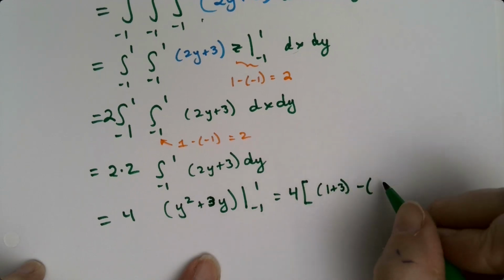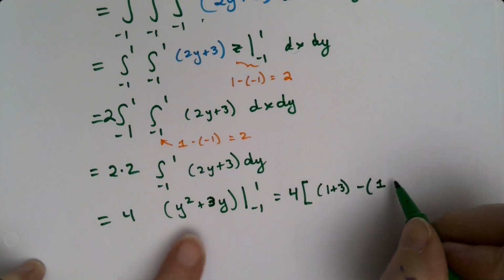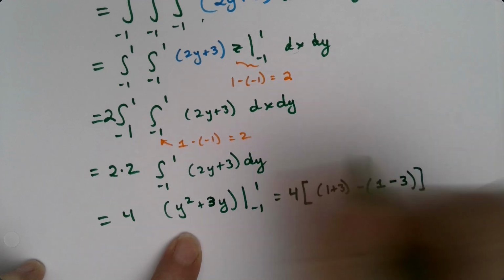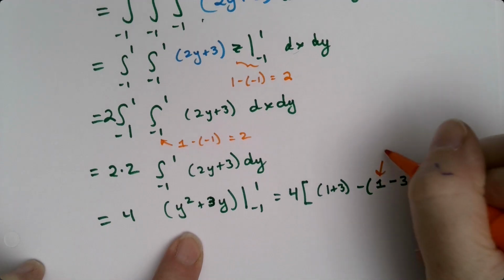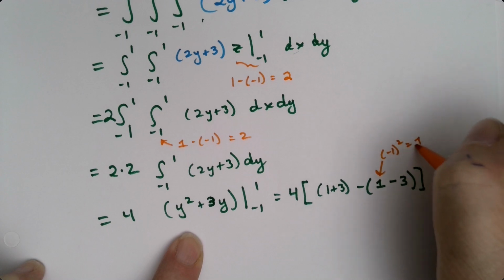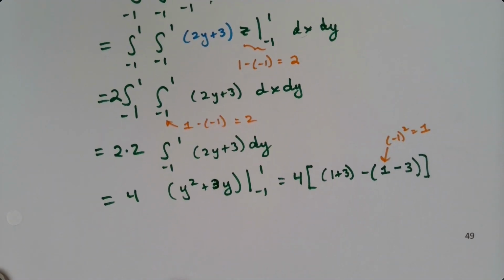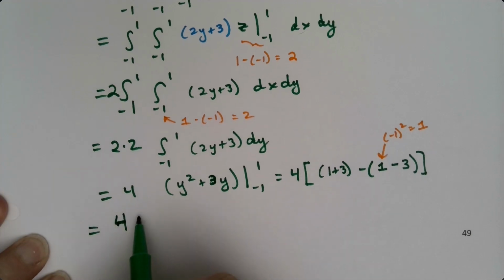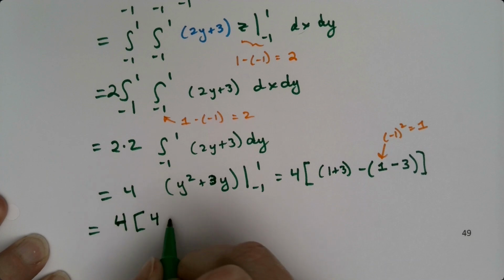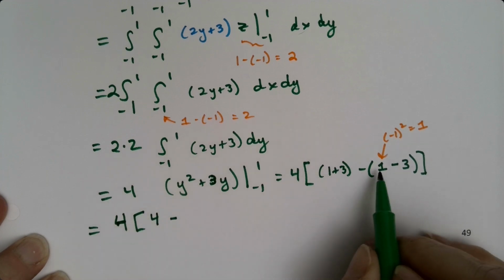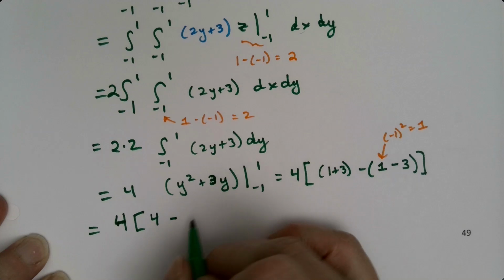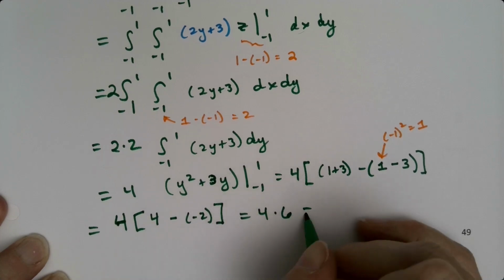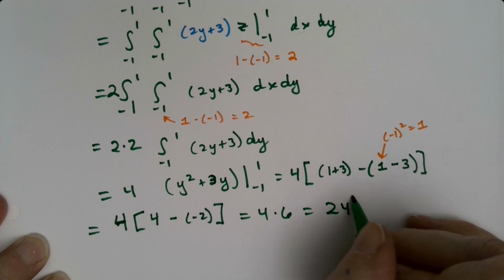Negative 1 squared is 1, minus 3. Okay, so this is 4 times 4 take away a negative 2. So that's 4 times 6, which is 24. And we're done.